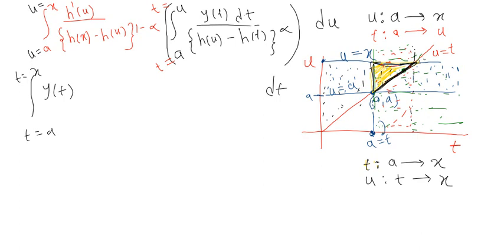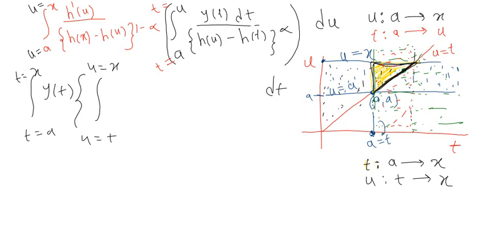And inside we will get whatever is with u will remain there. Okay. So this will be integral from u will vary from t to x.